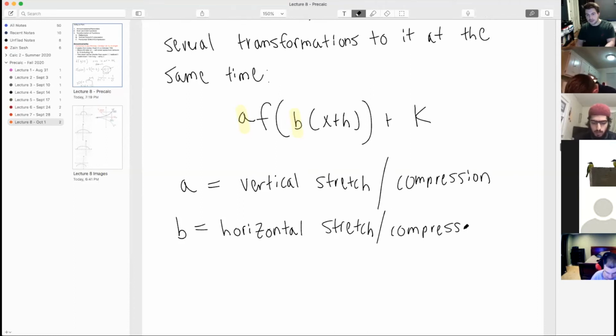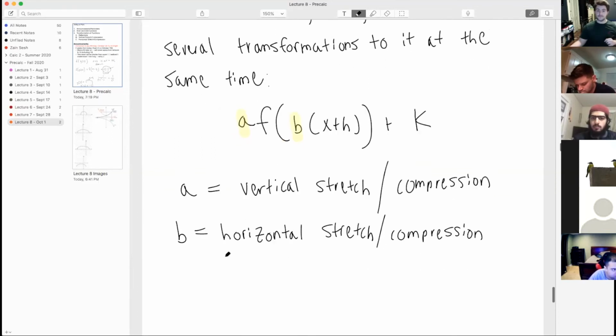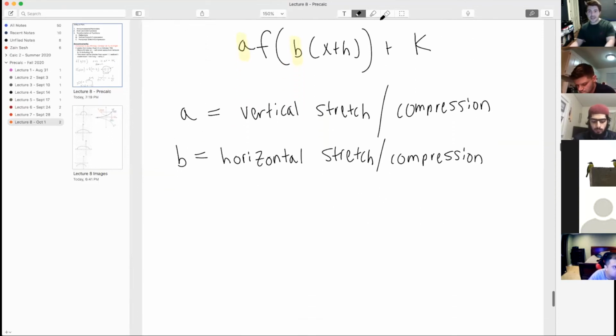So I know this looks kind of crazy, but all it is is me applying all of our transformations simultaneously to a function f. Next, let me talk about this letter H. This was from Monday's class. H is our horizontal shift.